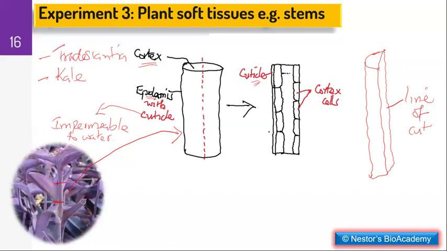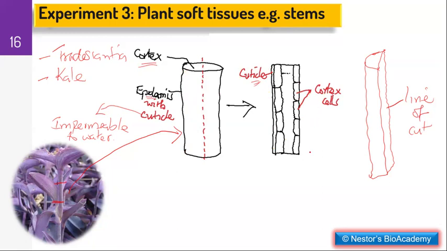So this is going to have some profound effect on the observations we are going to make. And that's why it's important for you to understand that the outermost end usually has a covering of cuticle, which is relatively impermeable to water, but the innermost cortex cells are not covered by the impermeable cuticle.